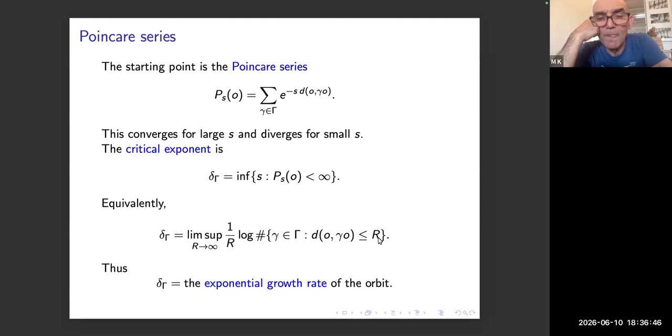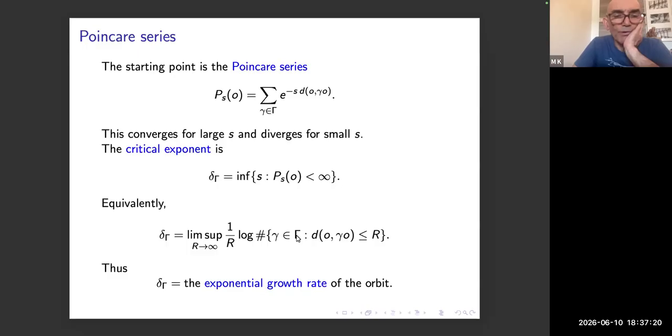Looking at the series, you can immediately define delta gamma as the lim sup of 1 over r times log of the number of points in the orbit that are inside the disk of radius r. So this shows how fast the number of these points grows. So delta gamma is the exponential growth rate of the orbit.